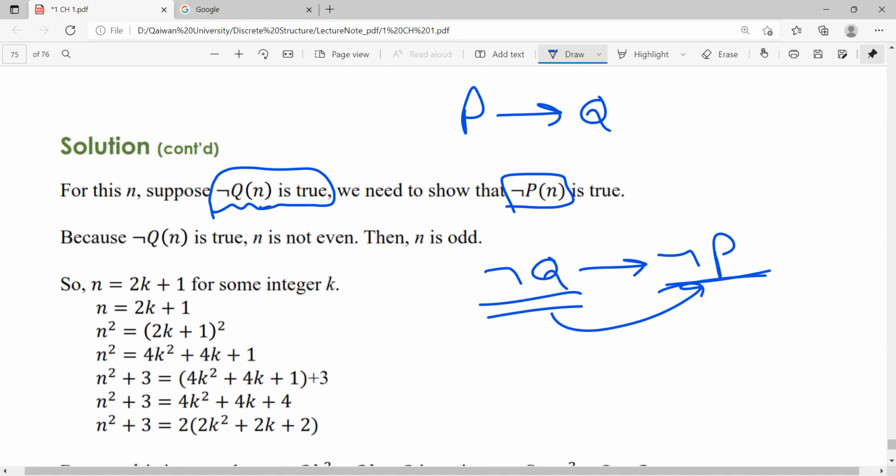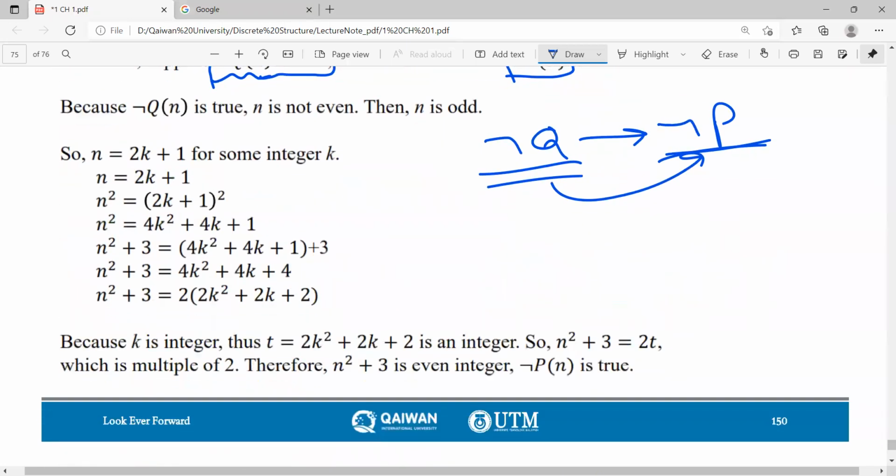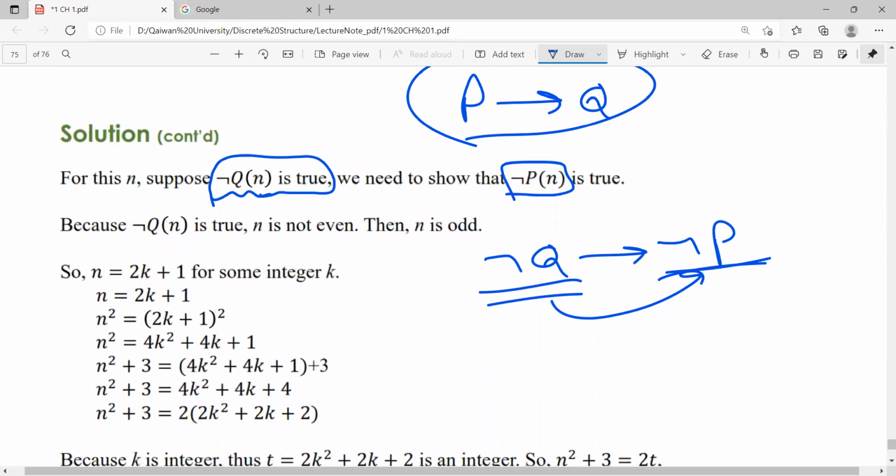If we prove this, it means the above statement is true. It's the same as proving the above one. Look, so what's negation Q? We say n is odd. What's the negation P? We say n squared plus 3 is even.